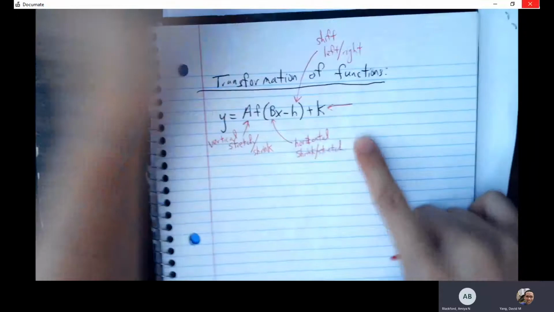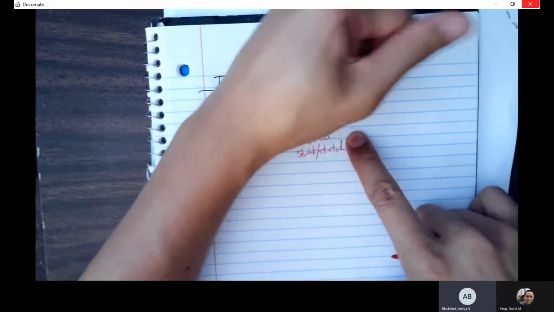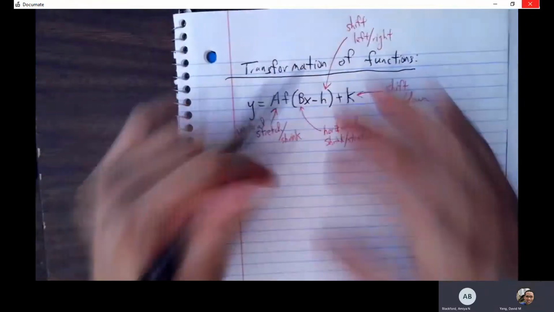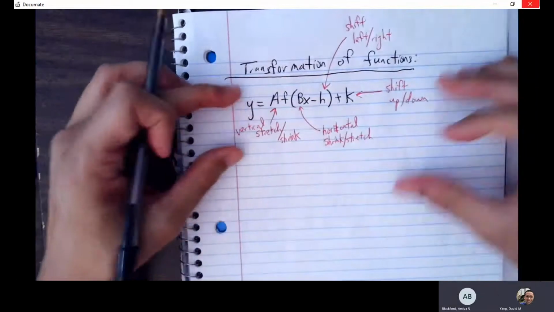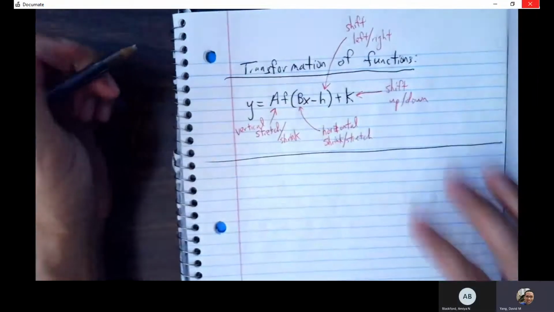And then the K is going to shift the graph up and down. But this is just a general formula, right? You're going to adapt this to the specific function that we're dealing with.